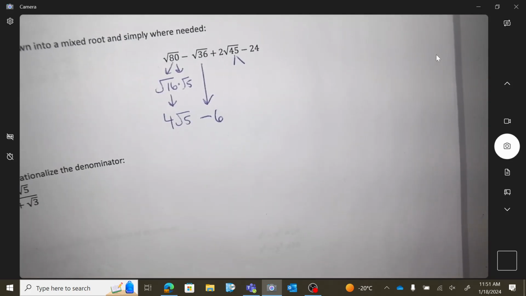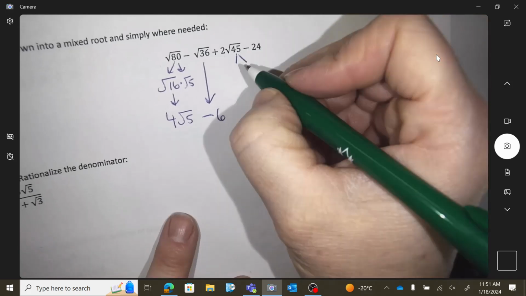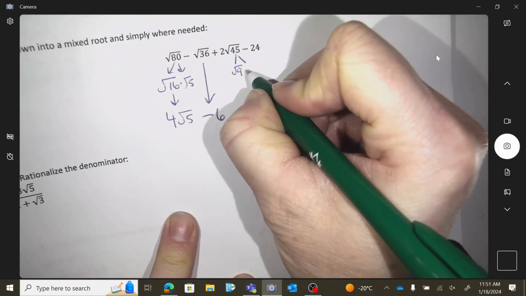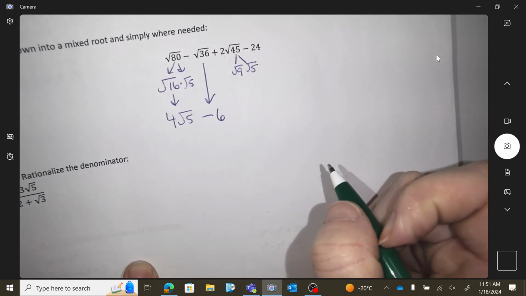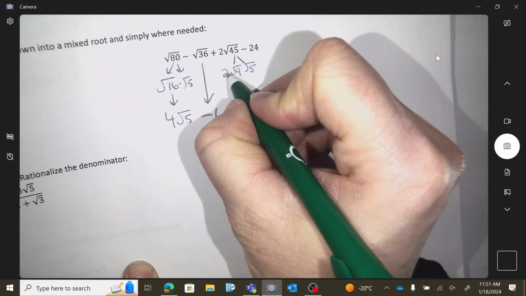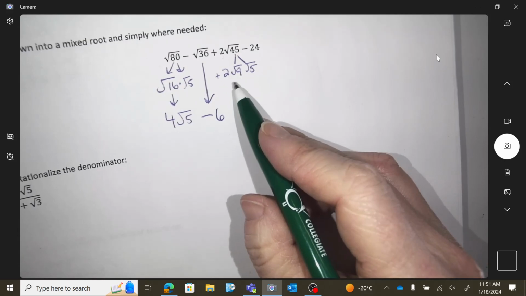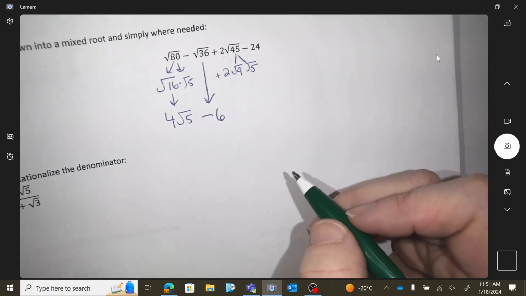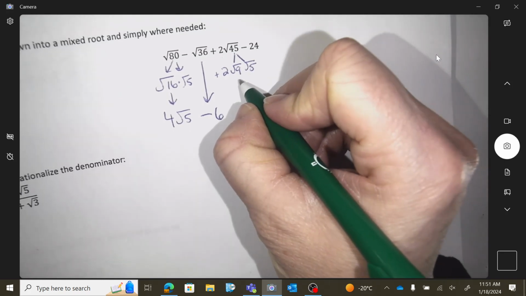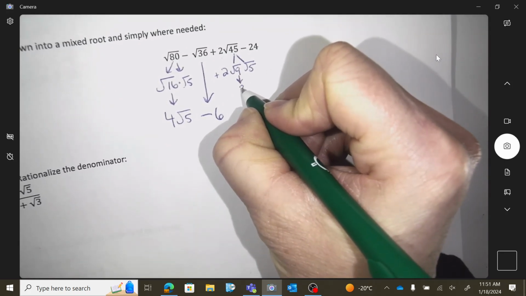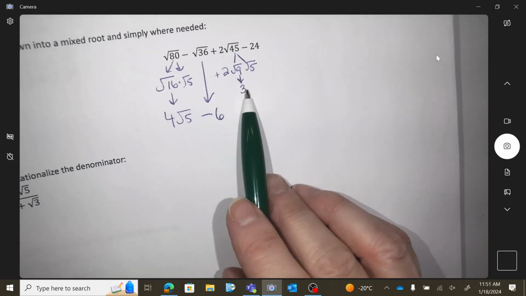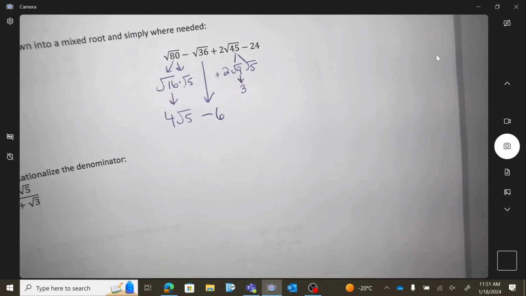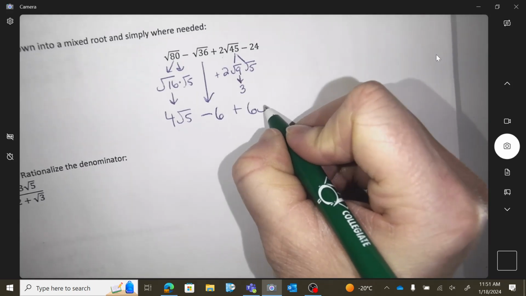So perfect square numbers, what one is divisible by? 45 divided by, what is it, 9 times 5? But there's also a 2, right? There's a 2 in the front, so don't just forget it. It's just there. Then what is the square root of 9? Square root of 9 is 3. So now I can do the whole numbers in the front together. There's a 2 already, and now there's a 3. So 6 root 5.